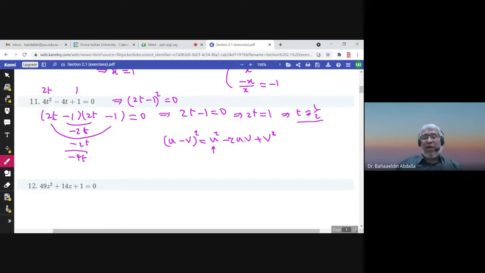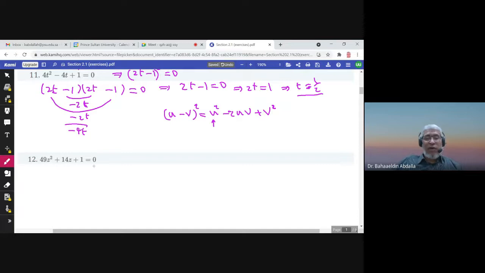So you can write it as u minus v squared. So u is the square root of this, 2t, minus the square root of this, all to the power 2. So in fact, these three terms can be written like this. If you do the same here, concentrate: this term has a square root which is 7z, and this term has a square root which is 1.